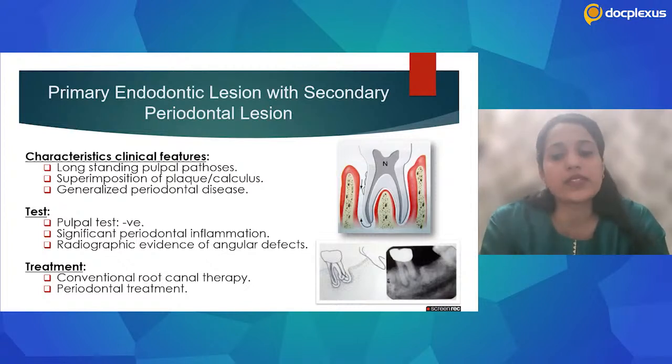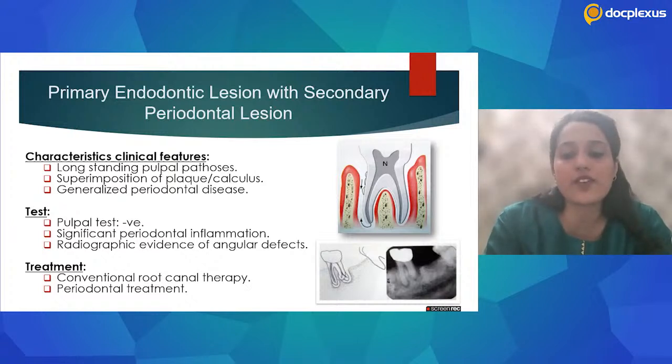Angular defects will be seen in the OPG. Conventional root canal therapy and periodontal treatment will be helpful in this case. Anywhere perio-endo is involved, both therapies will be required, but it is decisive to know whether it is primary endo or primary perio, so that we know which therapy to focus on first.